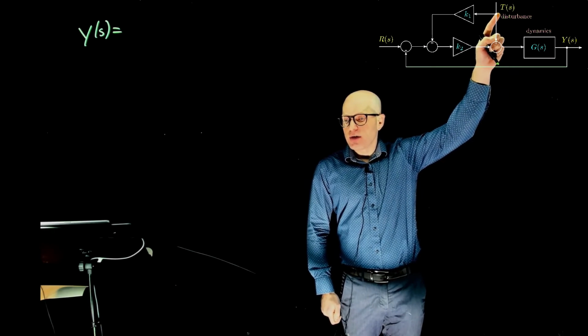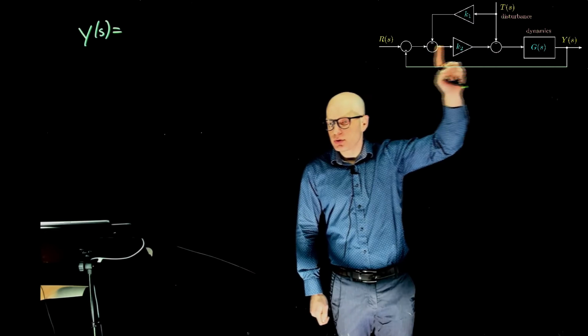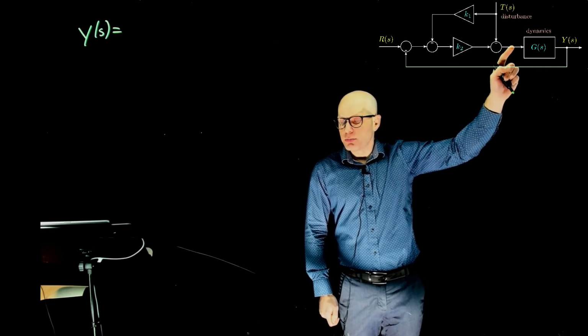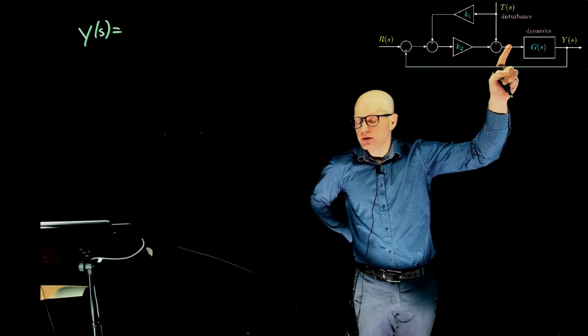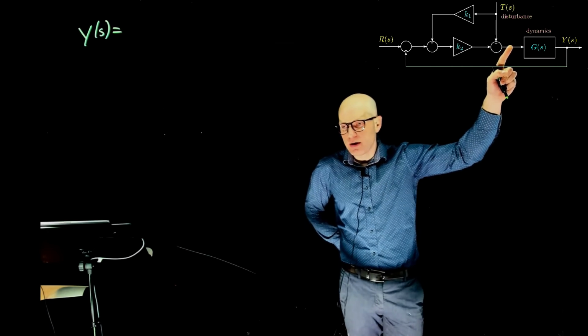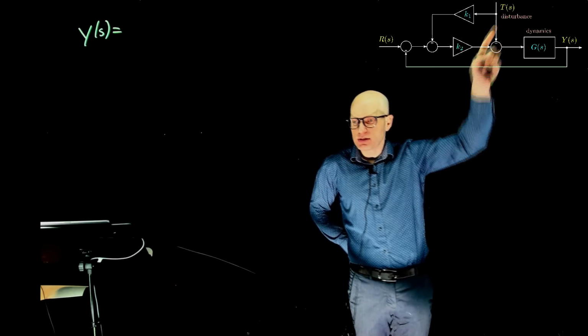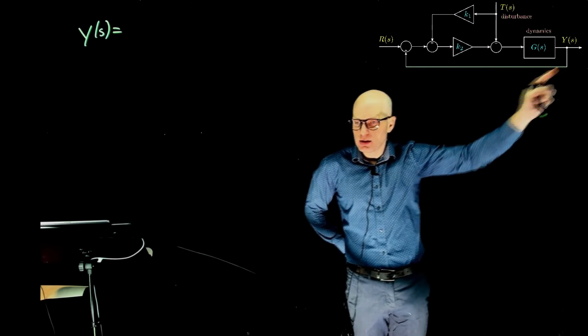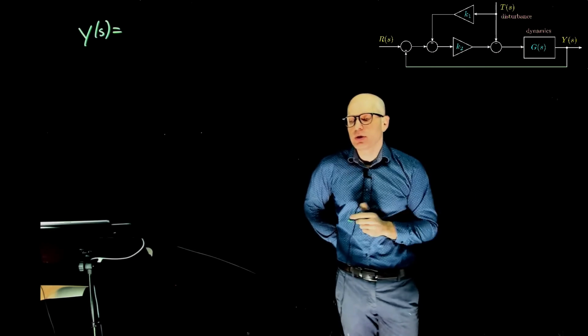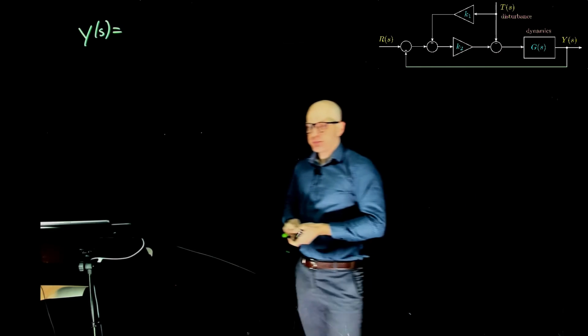In addition, we have T of S going here and there. So this point times G is Y. So all we need to do now is to find what this signal is. And this signal is a combination of this, of that, of this, and this signal. All signals that are flowing into that point.